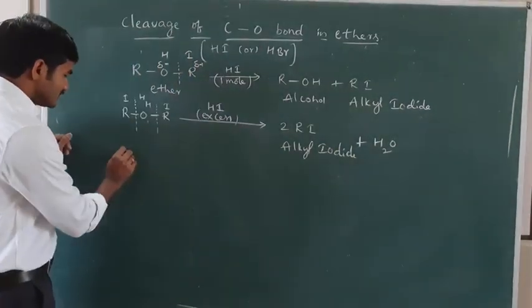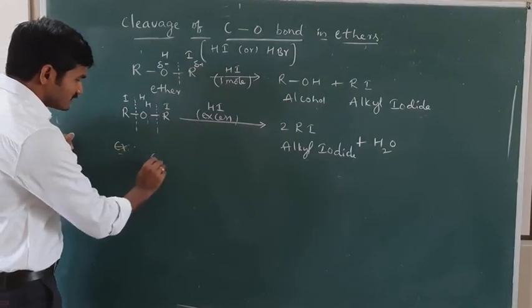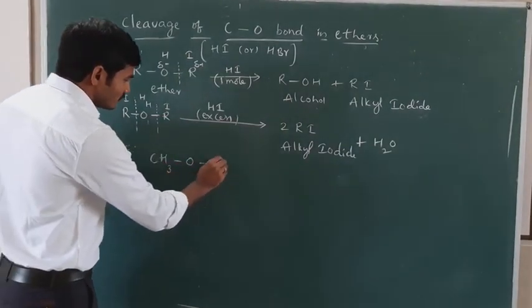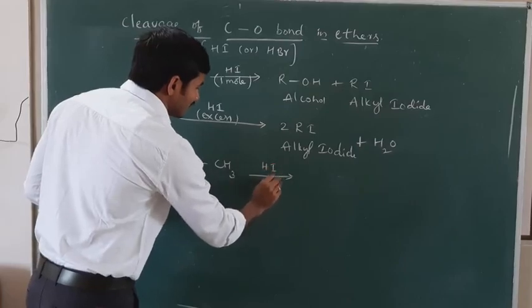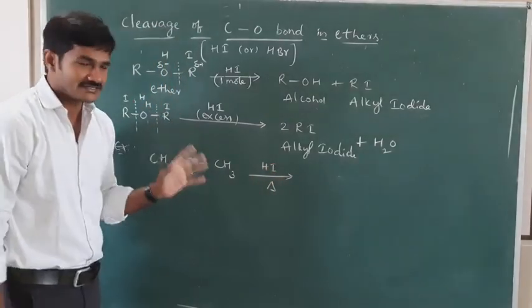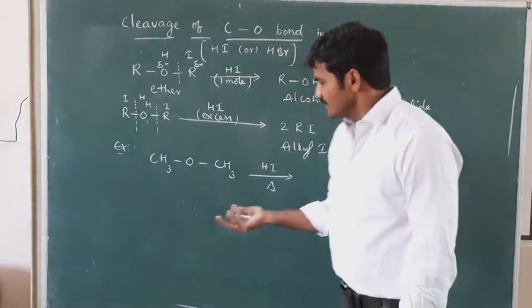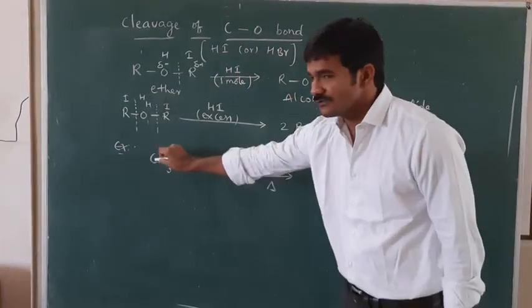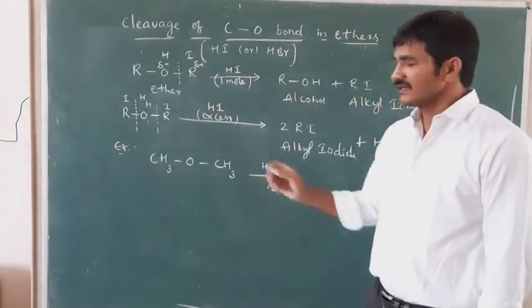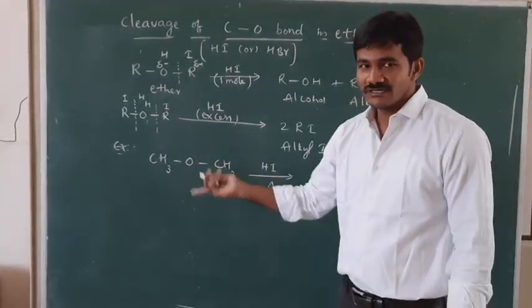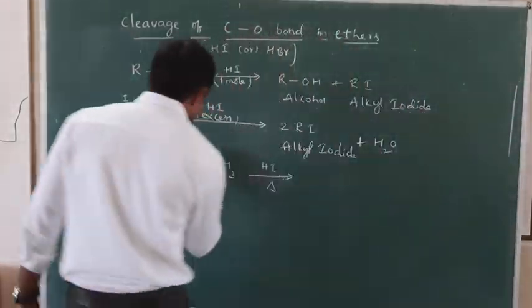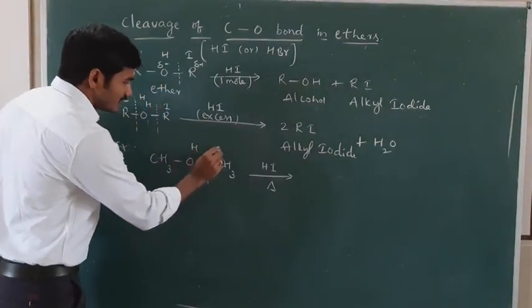Now let us see some examples. CH3OCH3 with HI, heat. If you get this kind of question in the exam, we have to break the bond. This is a C-O bond, this is a C-O bond. It is a symmetrical ether, or simple ether. We can break any side because both are the same alkyl groups. So I break here with HI.